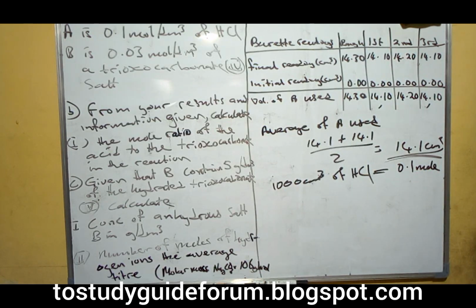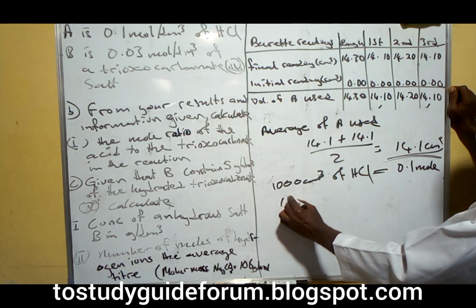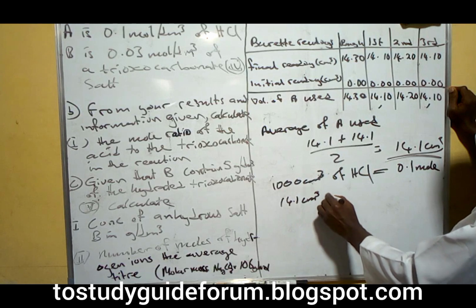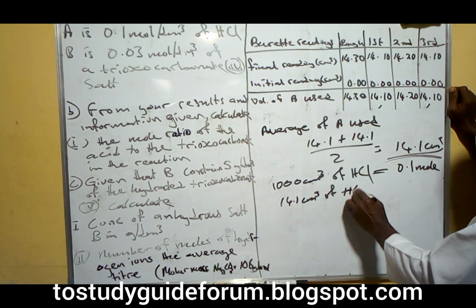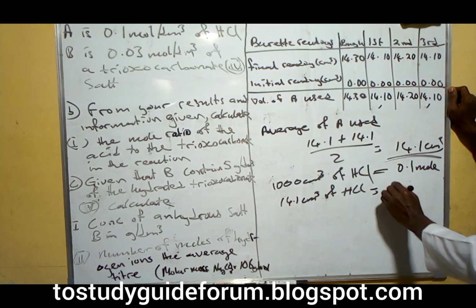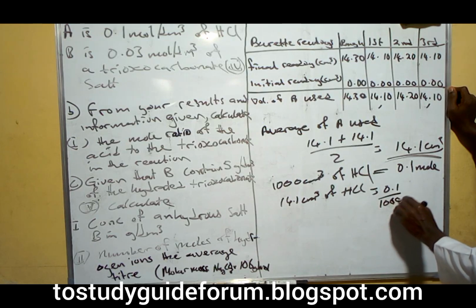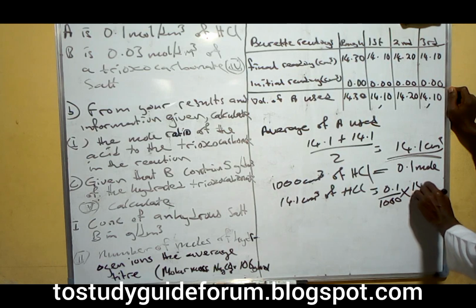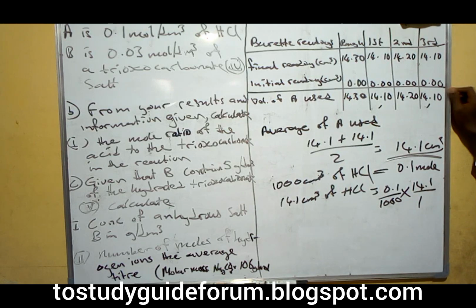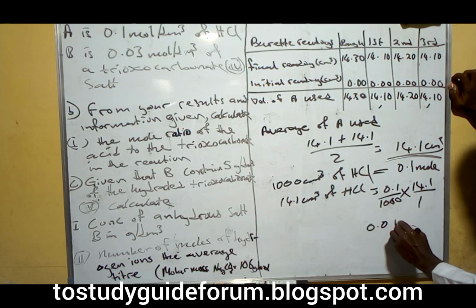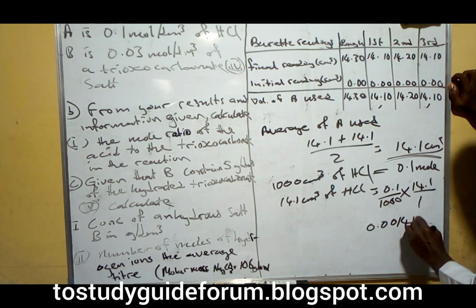So in 14.1 cm cube of the HCl will then be 0.1 over 1000 times 14.1. That will give us 0.00141 mole.